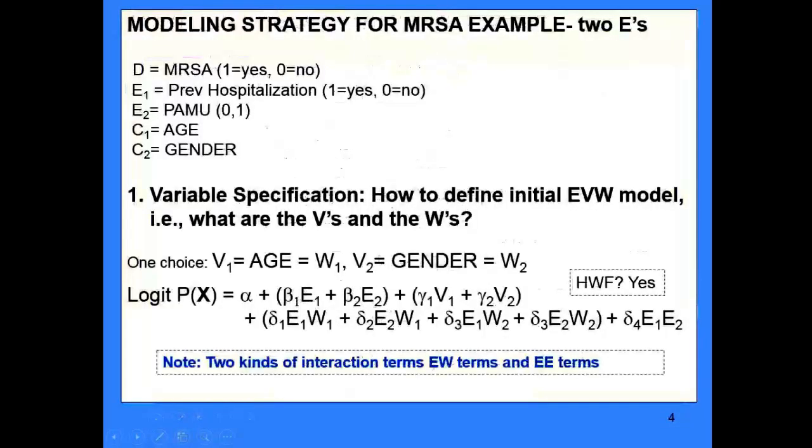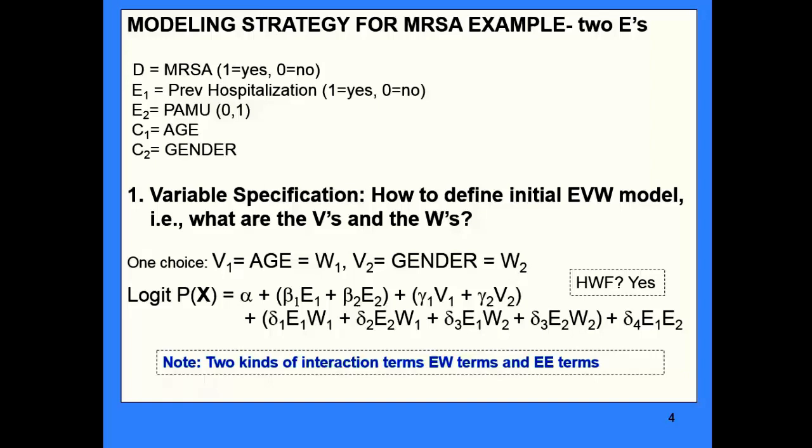You remember in this example, there were only two E's, so you could only have E1 times E2. What if there were three E's? What would it be? E1 times E2, E1 times E3, and E2 times E3. Would it be E1 squared? Well, it could be, but that's not what I allow.